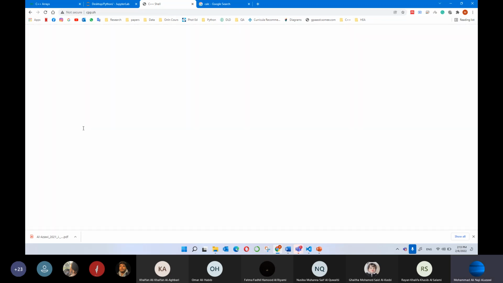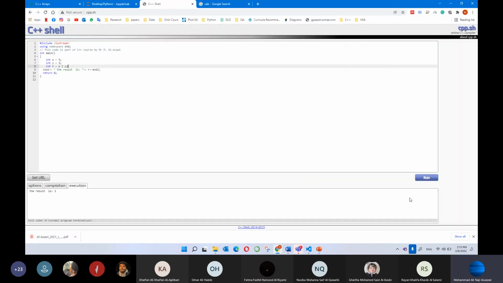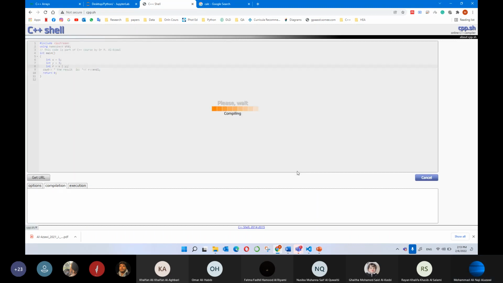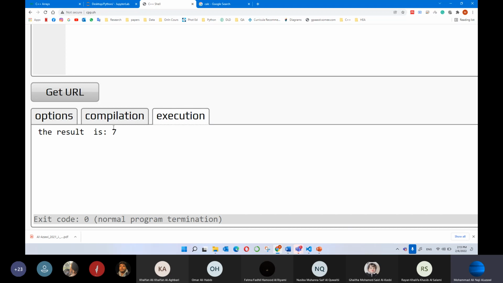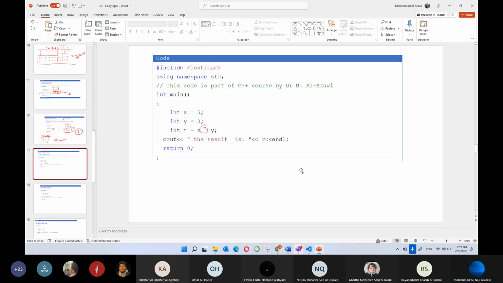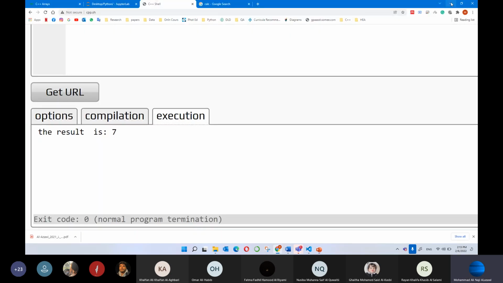Let's change it to OR. I'll remove this, change it to OR and execute it. As you can see, the result is 7. I think this is what we got here. Now, exclusive OR.